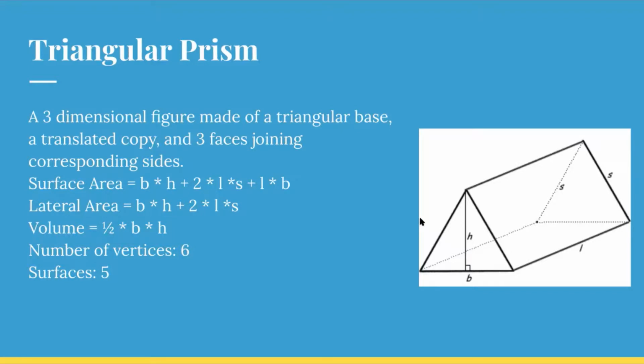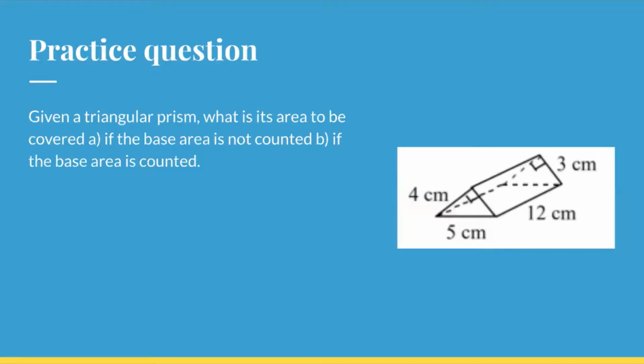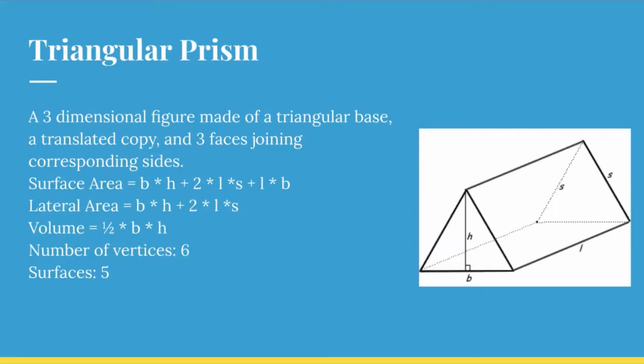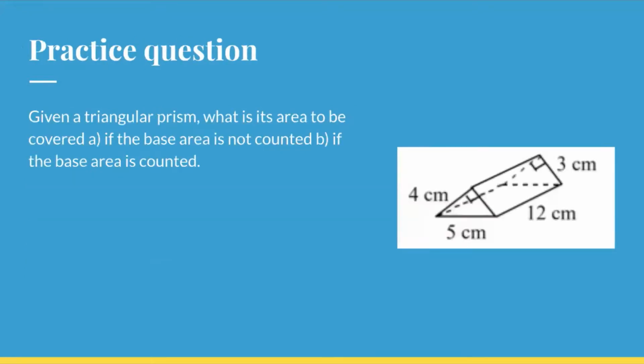The surface area formula is base times height plus 2 times length times height plus length times base. The lateral area would be base times height plus 2 times length times height. And the volume would be 1/2 times base times height times length. And it has 6 vertices and 5 surfaces.